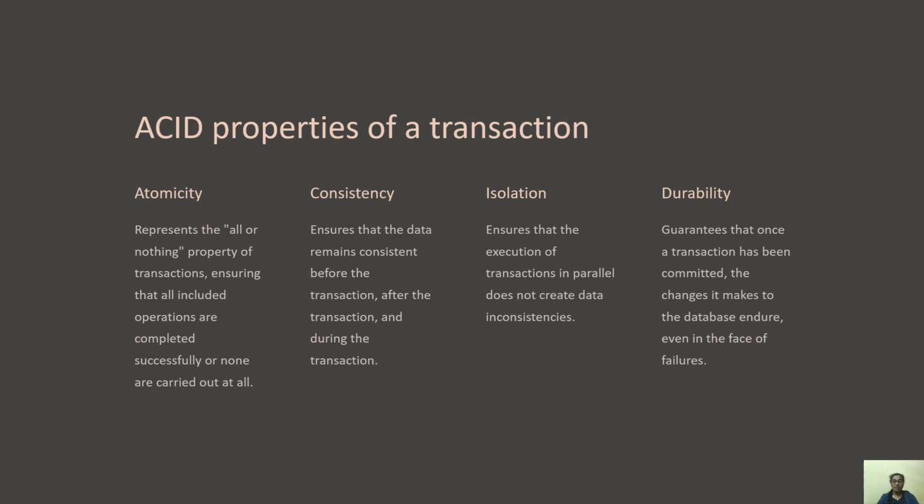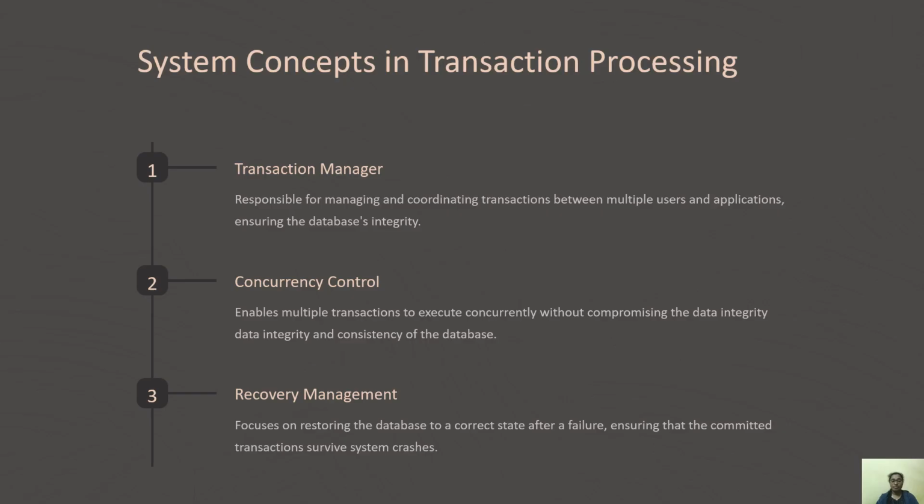Isolation ensures that the execution of transactions in parallel does not create data inconsistencies. Durability guarantees that once a transaction has been committed, the changes it makes to the database persist even in the face of failures. Now we will see the system concepts in transaction processing.